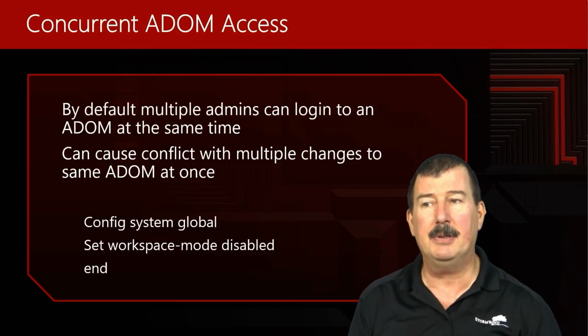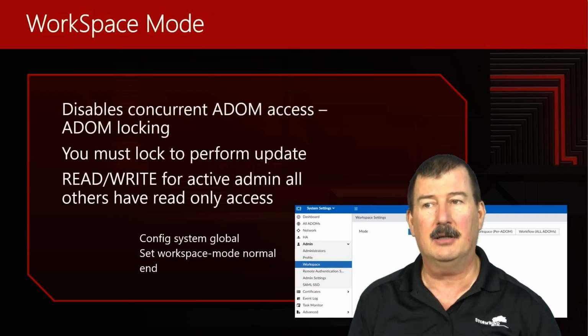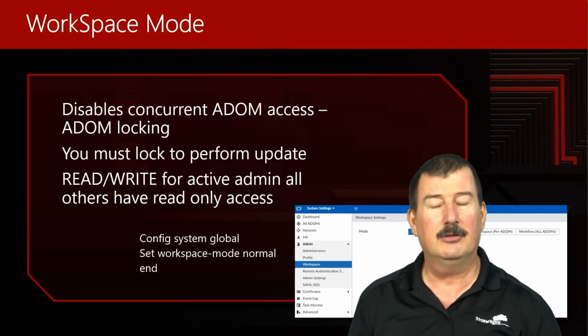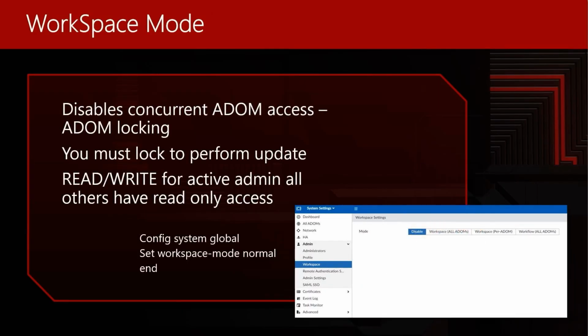So FortiManager has the ability to lock this down and disable this. You can disable concurrent admin access by what is called admin locking. When you perform the admin lock, you can do it by GUI or by CLI, with the commands you see on the screen here.